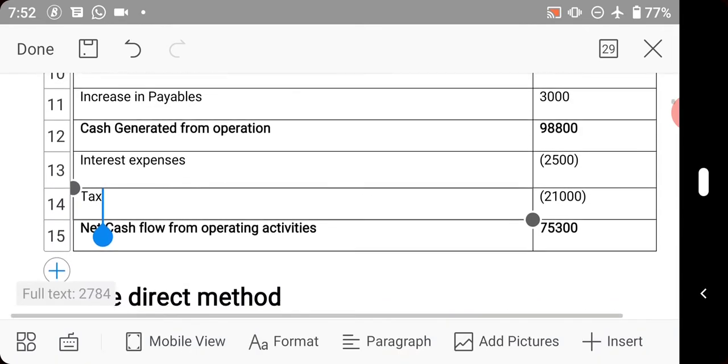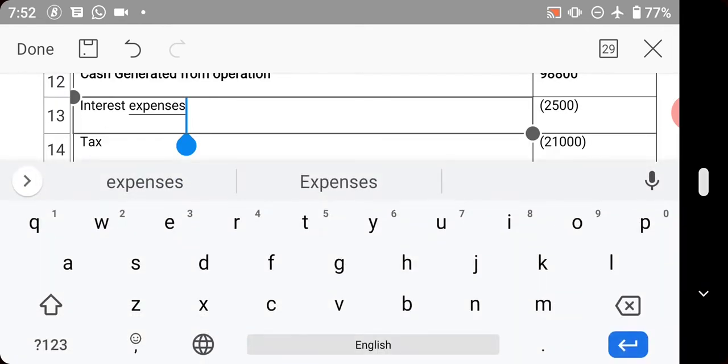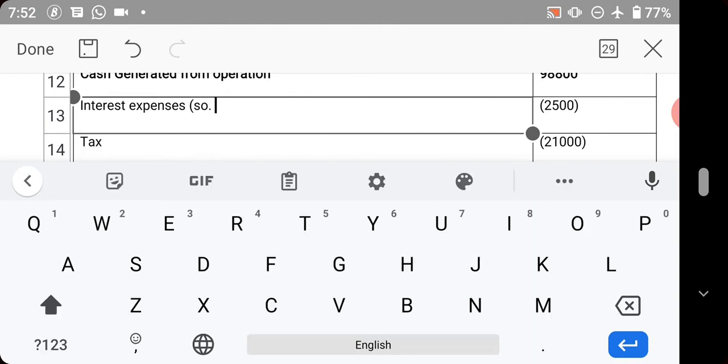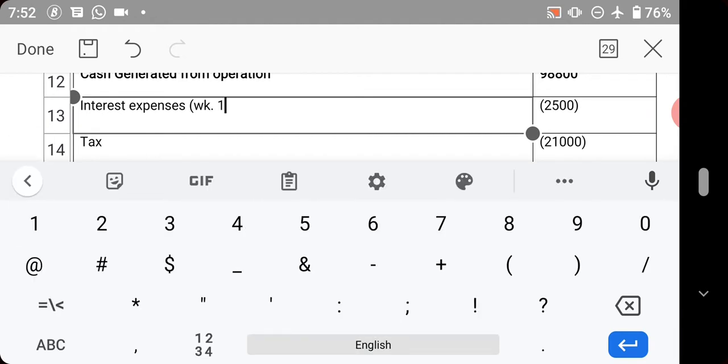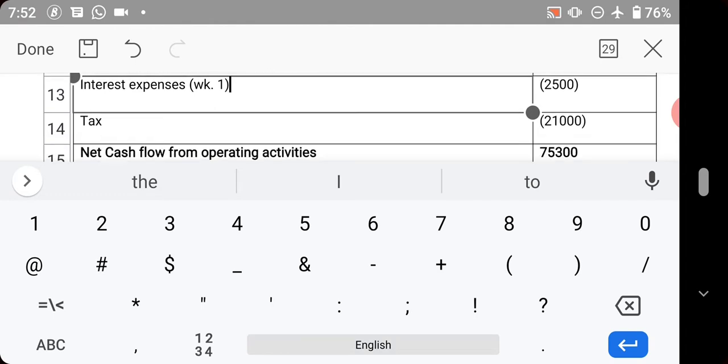You must do workings here. I always tell my students, sometimes you might be required to carry out workings. You might be required to do workings here. So this might be your working number 1, interest.